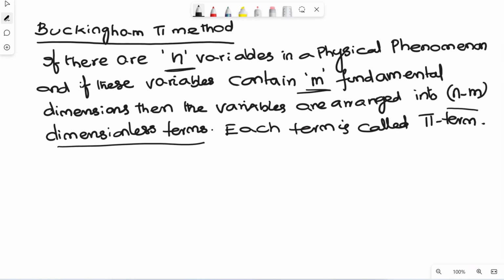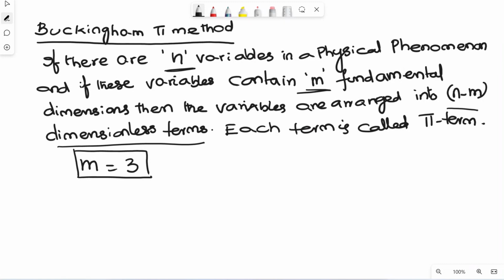Now you all know the m fundamental dimensions. m is always equal to 3, because the fundamental dimensions are mass, length, and time. The number of variables may change, but the number of fundamental dimensions m is 3.